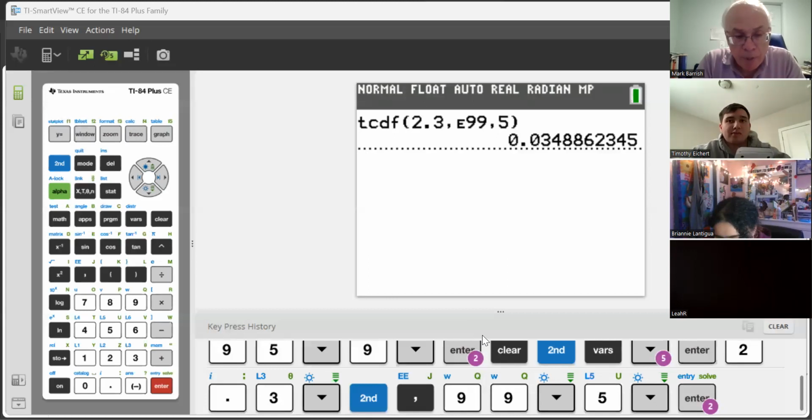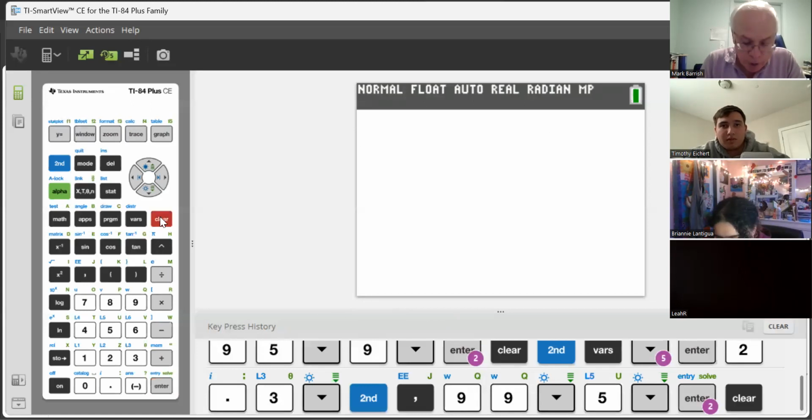So you're doing a minimum amount of work when you do this. All right, so I'll clear the screen, and the first thing we're going to do is find that t critical value that we're going to enter into our margin of error formula, right? It's t times the standard error. That's our margin of error.